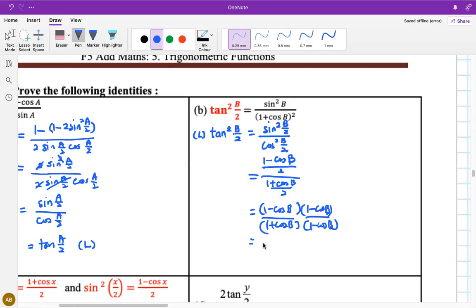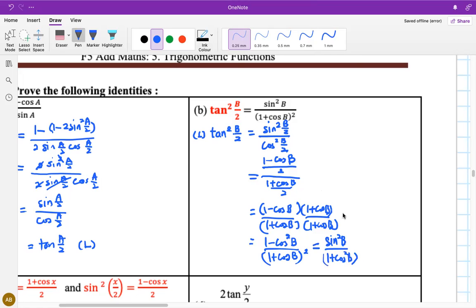Here I will get 1 minus cos square B on top, and then I have (1 plus cos B) square. So 1 minus cos square B is actually sine square B over (1 plus cos B) square.